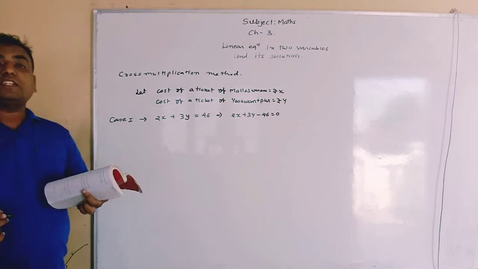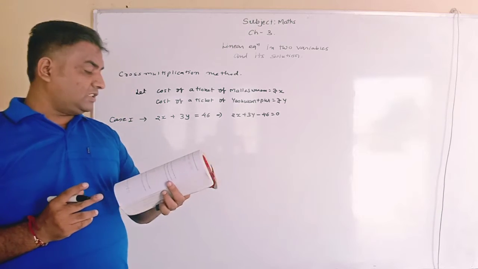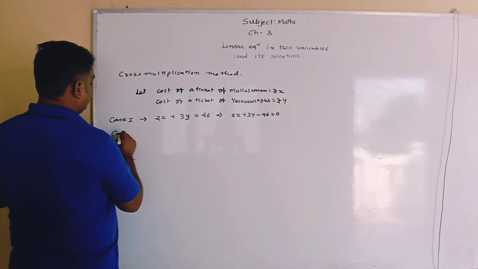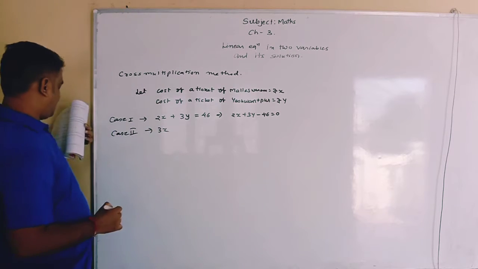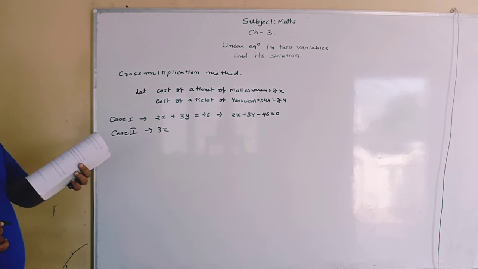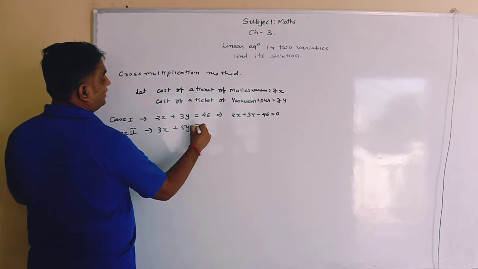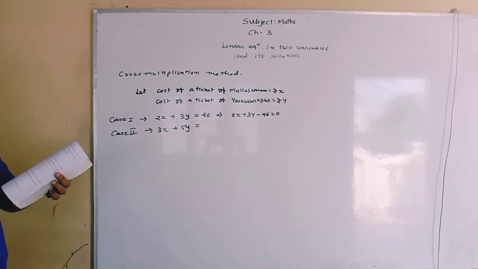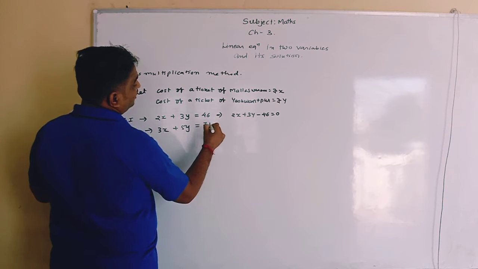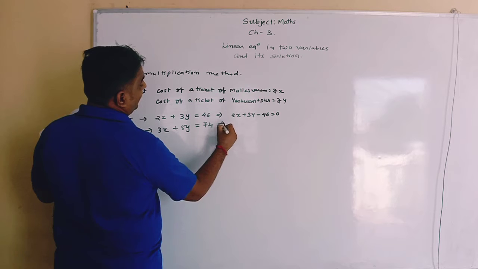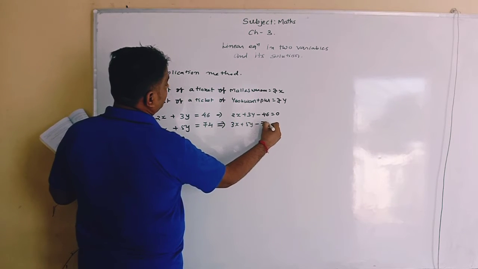Now the second equation: if we buy 3 tickets of Malleswaram, so case 2 is given, 3 tickets of Malleswaram is 3x, and 5 tickets of Yeshwanthpur, so 5y, is equal to, the total cost is 74. So we can write 3x plus 5y minus 74 is equal to 0.